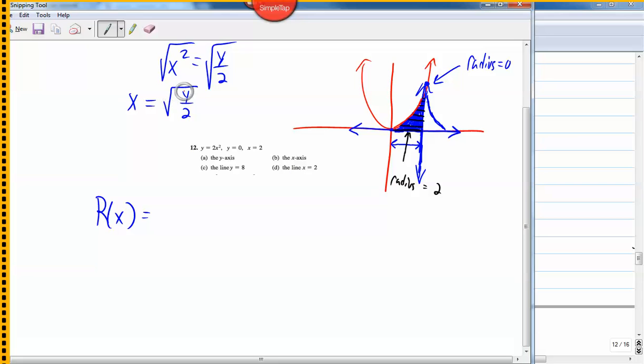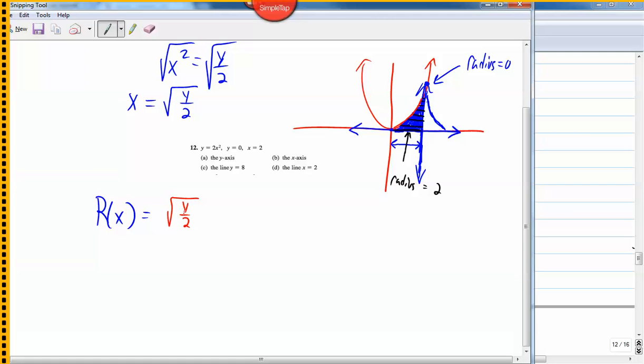Now if I just chose this as my radius, my outer radius, then when y equals 0, what would my radius be equal to here?